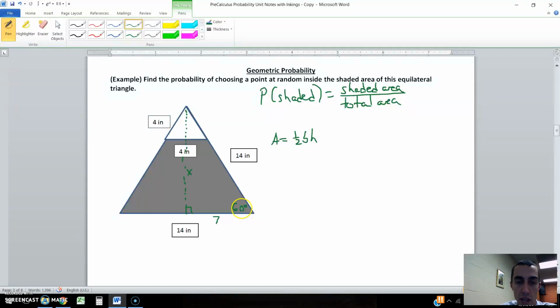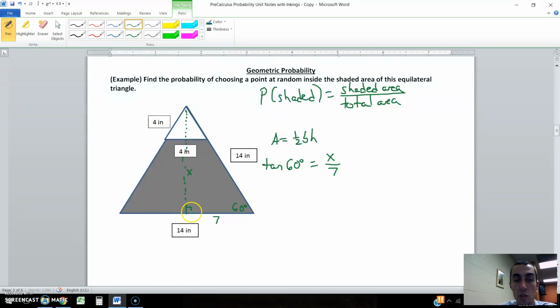I know the angle, I know the adjacent side, and I want to find the opposite side. So if we're dealing with opposite and adjacent, we can use the fact that tangent of theta, 60 degrees, equals its opposite over its adjacent in a right triangle.